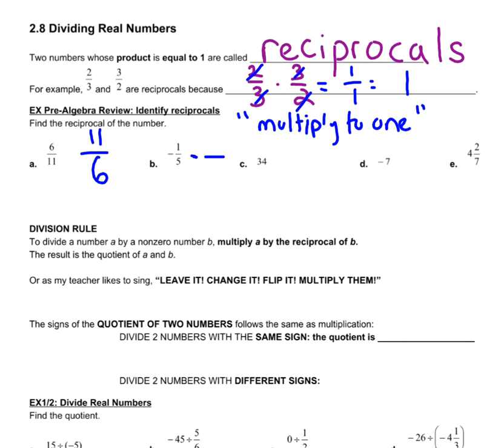Oh, and that negative sign. Let's see, 1/5, flip the top and bottom, we get -5/1. But in this case, we're not done yet. Anything divided by 1, just like anything multiplied by 1, you get itself. So instead of saying this, you should really just say -5.